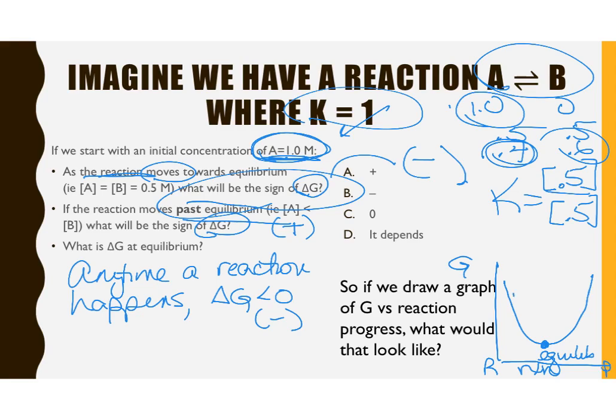So when you first start the reaction, the change in G is negative, less than 0, because you're going downhill, you're giving off energy. But once you're at the equilibrium, if you try to go towards product, delta G is going to be positive, unfavorable.